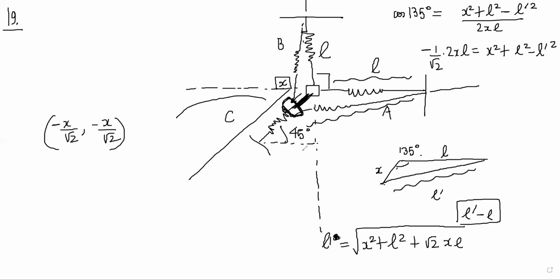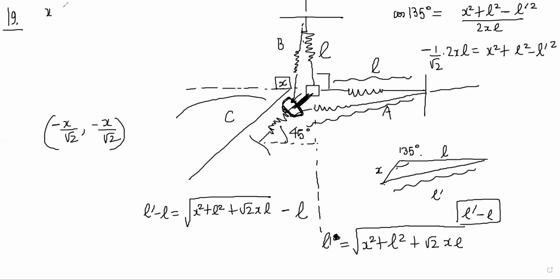And you have to find the extension, which is basically subtract L from this. So L dash minus L is equal to root of x square plus L square plus root 2 xL minus L, right? So now you have to simplify this a little bit.